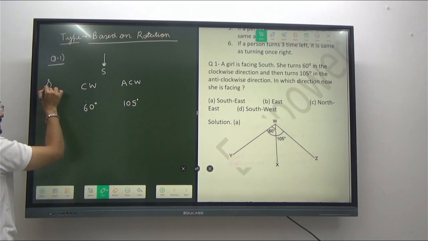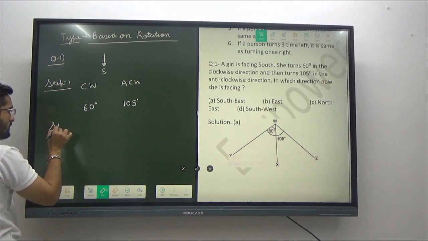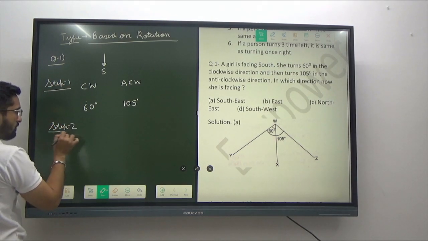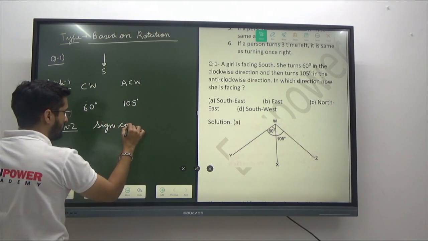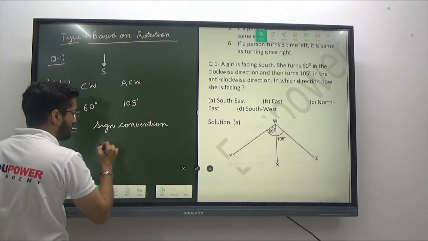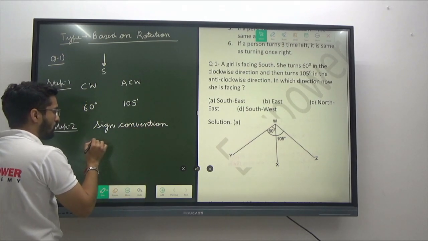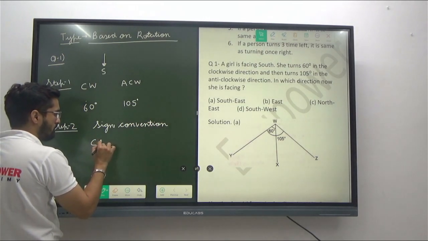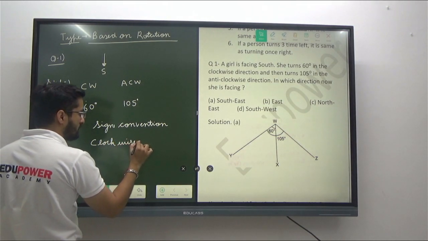Now, next we will follow the sign convention. This was your step 1. Step 2 is we write the sign convention, we follow a particular sign convention. For clockwise, CW, we take the sign to be positive.